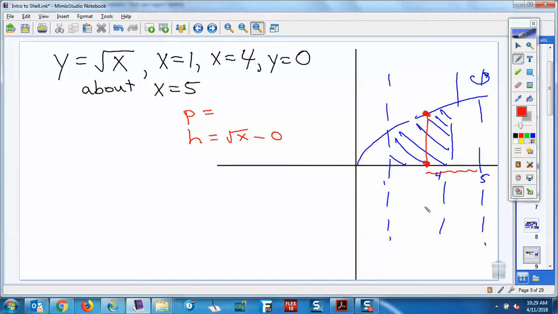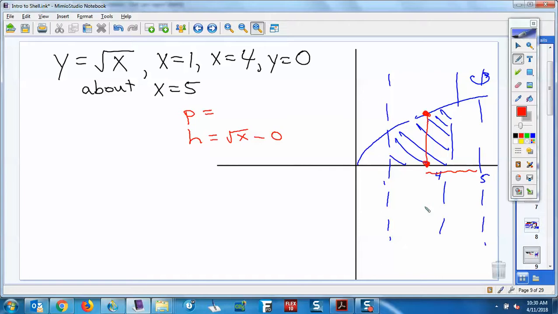Well, let's imagine that that strip right now is sitting at 3. How far is this distance? 5 minus 3, right? Which would be 2. Let's say that strip was sitting over here at 2. What is this length? 5 minus 2, which would be 3.